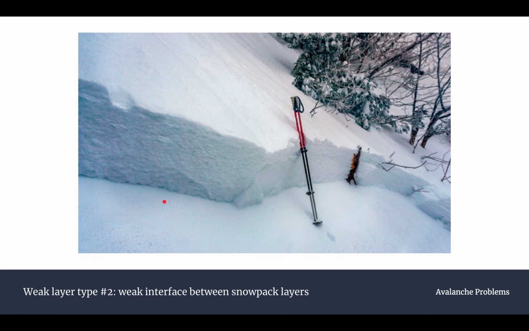So it's a lot easier for it to slide off that smoother bed surface, which can be sun crust, rain crust, or a particularly consolidated and tightly packed layer of snow that doesn't really want any other snow to bond with it.